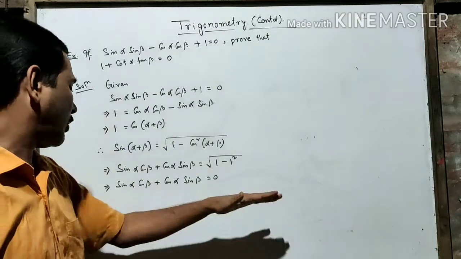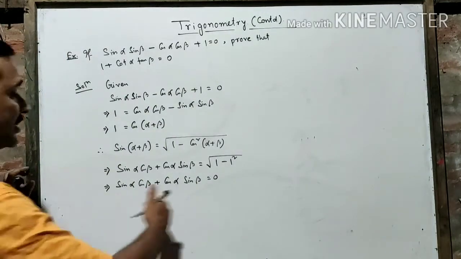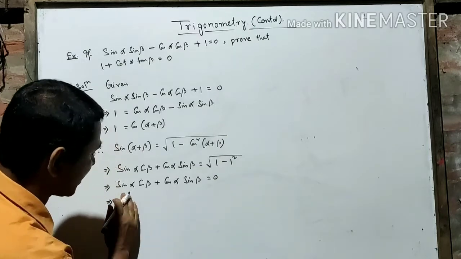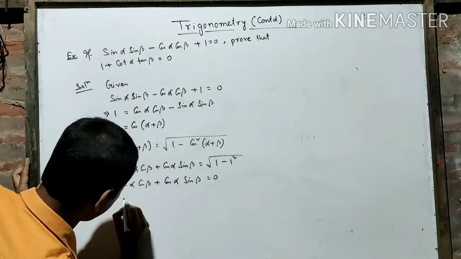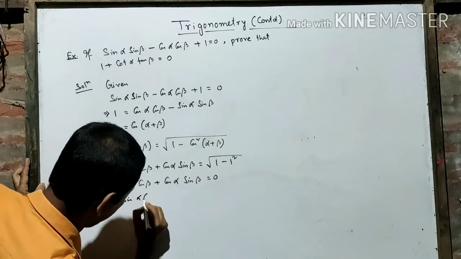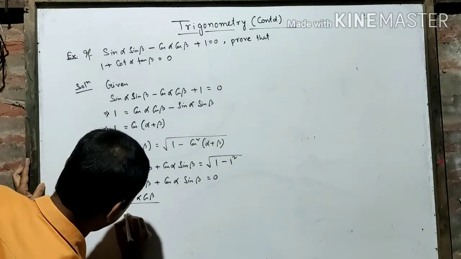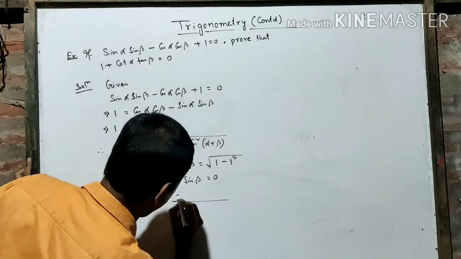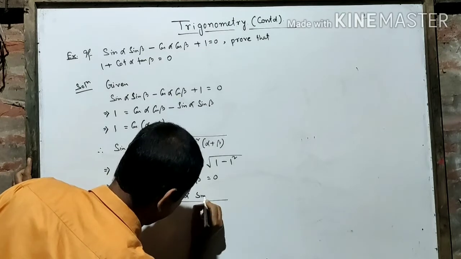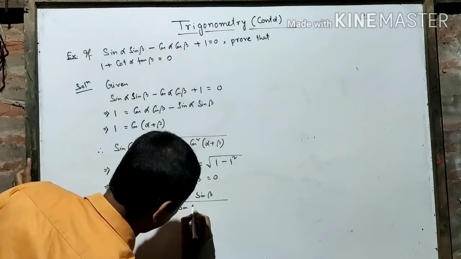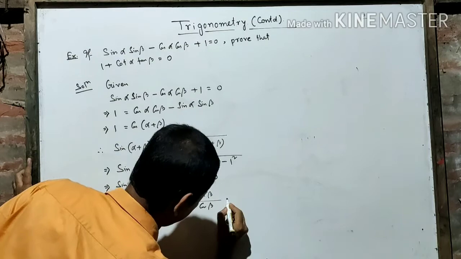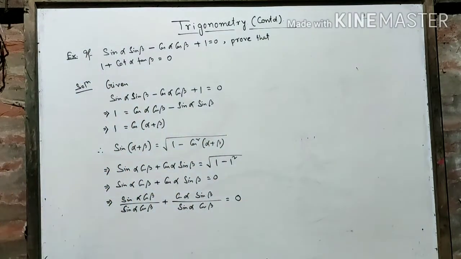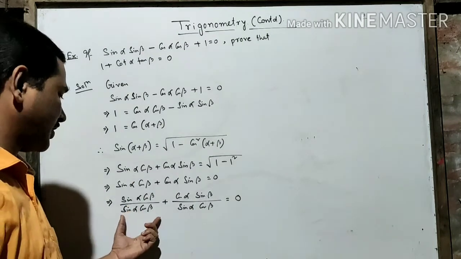So you will divide throughout by sin alpha into cos beta, dividing both left hand side and right hand side by sin alpha cos beta. So sin alpha cos beta divided by sin alpha cos beta plus cos alpha sin beta divided by sin alpha cos beta is equal to 0 by sin alpha cos beta, which is 0. 0 by any non-zero quantity is 0.